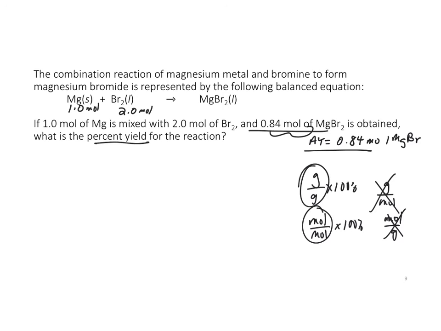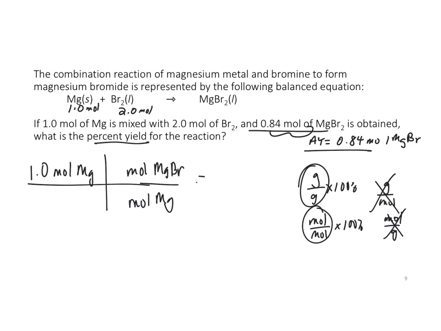And that makes it nice because then we do not have to deal with formula masses. So if we have 1.0 mole of magnesium, we've got to go to magnesium bromide. So mole of magnesium goes to mole of magnesium bromide. And that's a 1-to-1 ratio, so that's 1.0 mole of magnesium bromide.